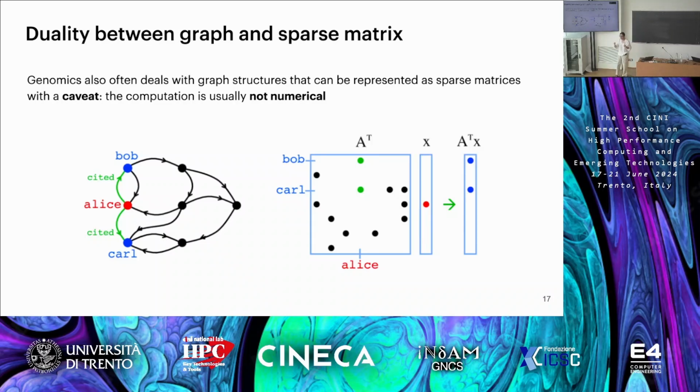Okay. The caveat here is that genomics usually does not deal with numerical things. So this morning you learned about linear algebra, floating points, but genomics is not usually about floating points. There might be some applications that are, but again, usually it's about relationships between pieces of sequences.